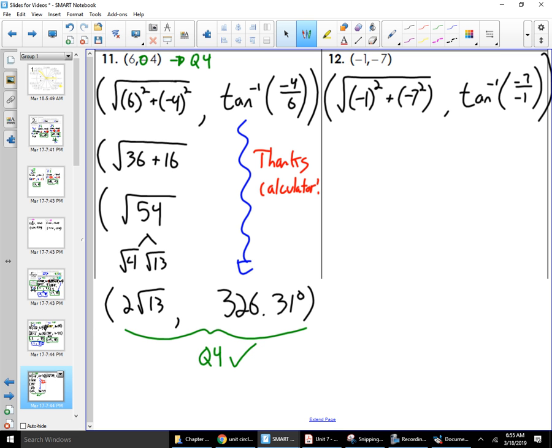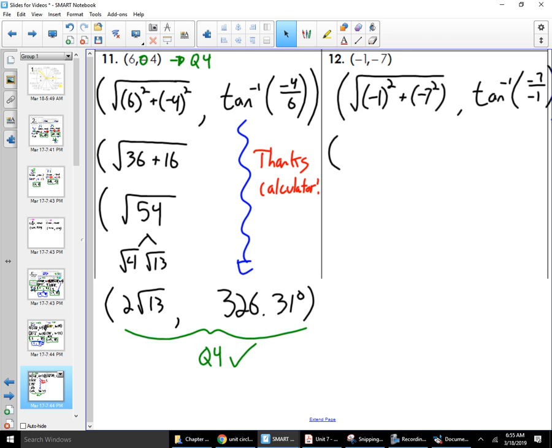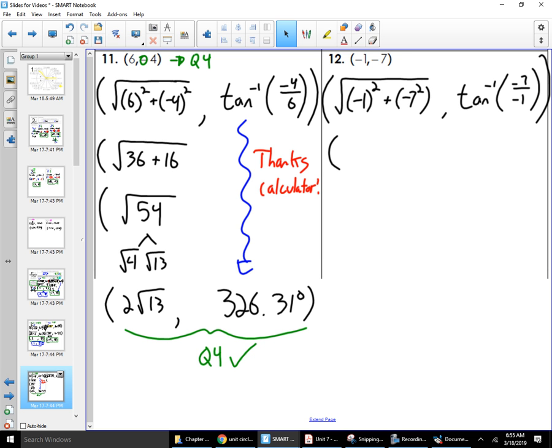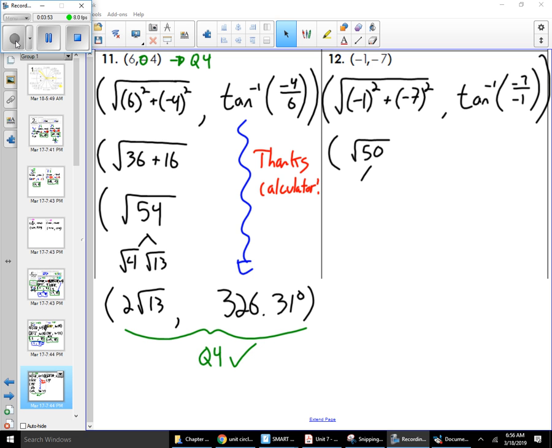Starting with this radical, negative 1 squared is positive 1, and the negative 7 squared will be 49. So putting those together, we get root 50. Again, we can break that radical up into 25 times 2. Square root of 25 is just 5. So that reduces to 5 root 2.